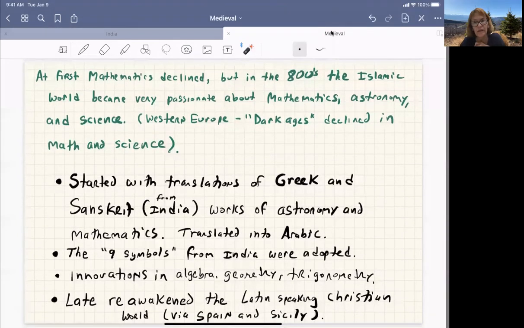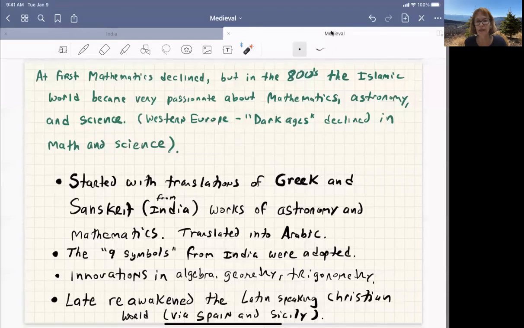Now, during this period, at first, mathematics declined. However, in the 1800s, the Islamic world became very passionate about mathematics, astronomy, and science in general. And so this is actually very important to the history of mathematics, because around the same time period in Western Europe, this was the so-called Dark Ages.